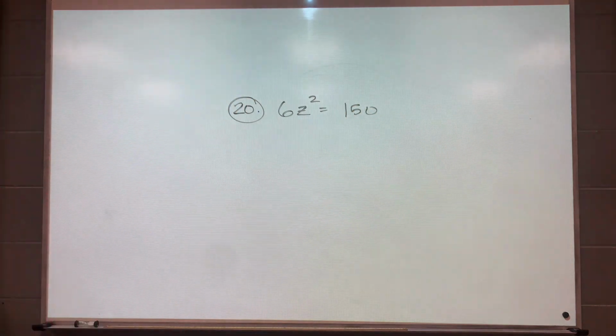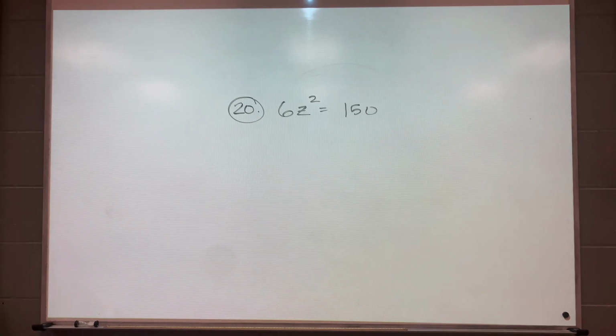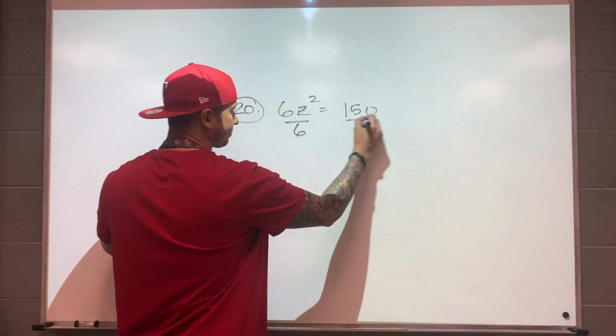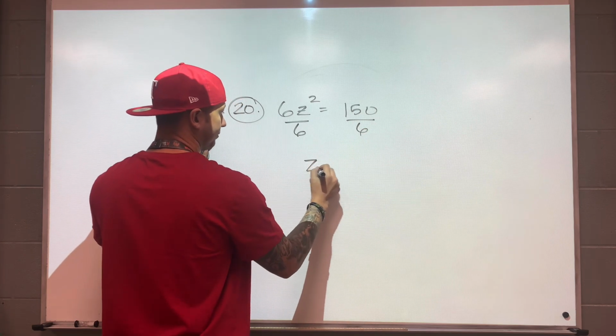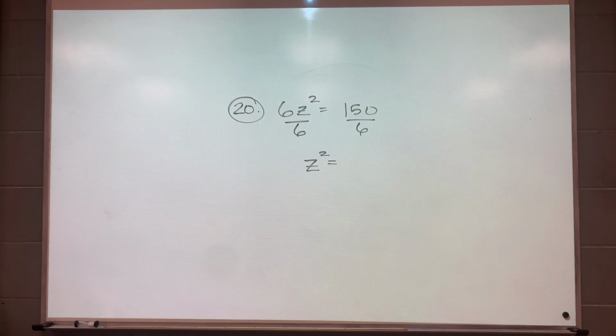Okay, 6z squared equals 150. I always strike my z because my z's and my 2's look alike. Okay, I'm going to divide by 6. 150, is it divisible by 6? I know it's divisible by 3.